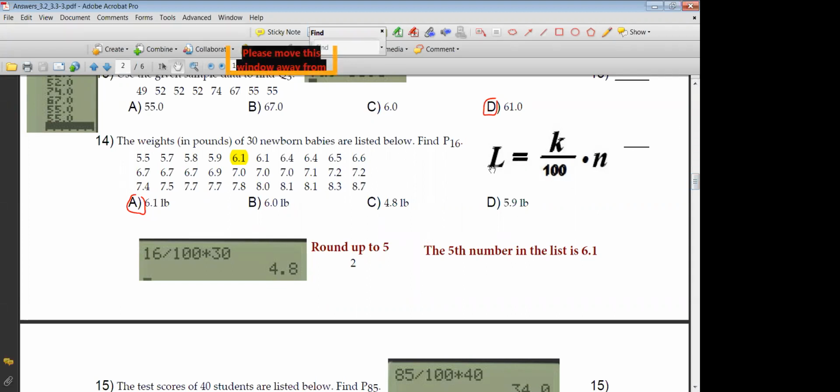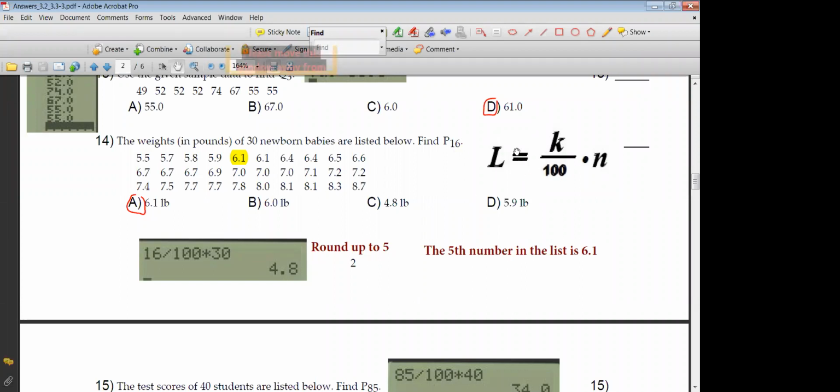It says L. You're saying, well, what the heck does L mean? L stands for location. It will tell me where I'm going to find P16. What's the formula say? It says K over 100. Well, this K value represents the P16. P16 is like 16%. I put the 16 over 100.